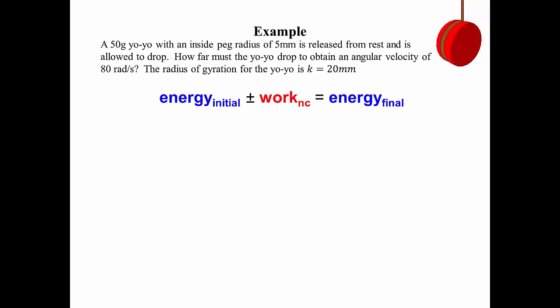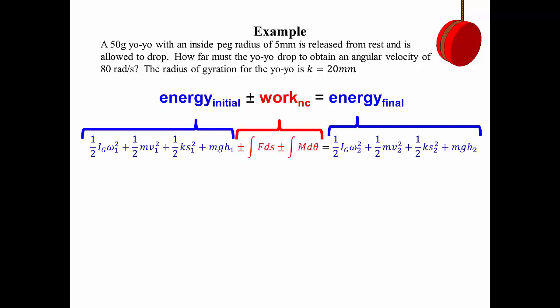Well, let's first write our energy balance equation. We would have our initial energy, the work associated with it, and our final energy. We can now go through and ask questions of each of the terms associated with the mass that we're dealing with. Well, there's no springs involved, so we can immediately get rid of the spring terms. The yo-yo initially isn't moving, it's dropped from rest, so there's no translational component.